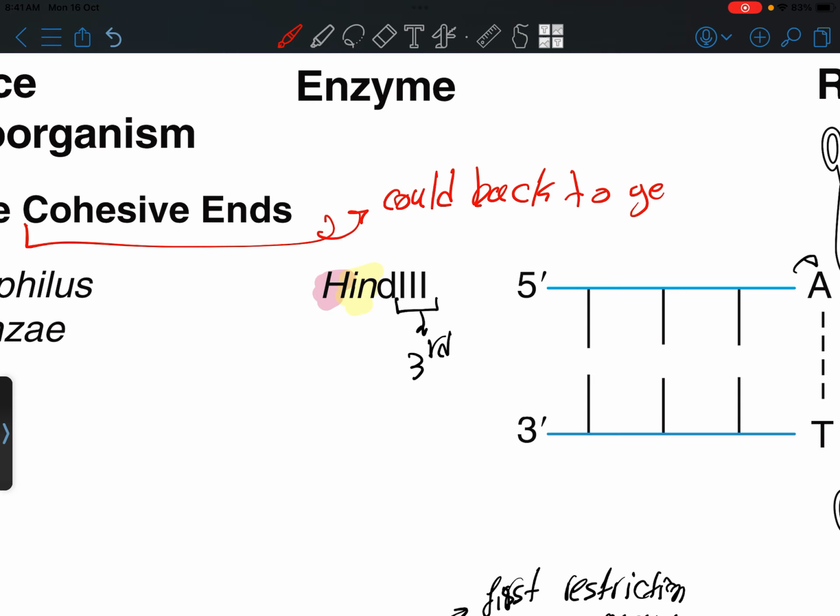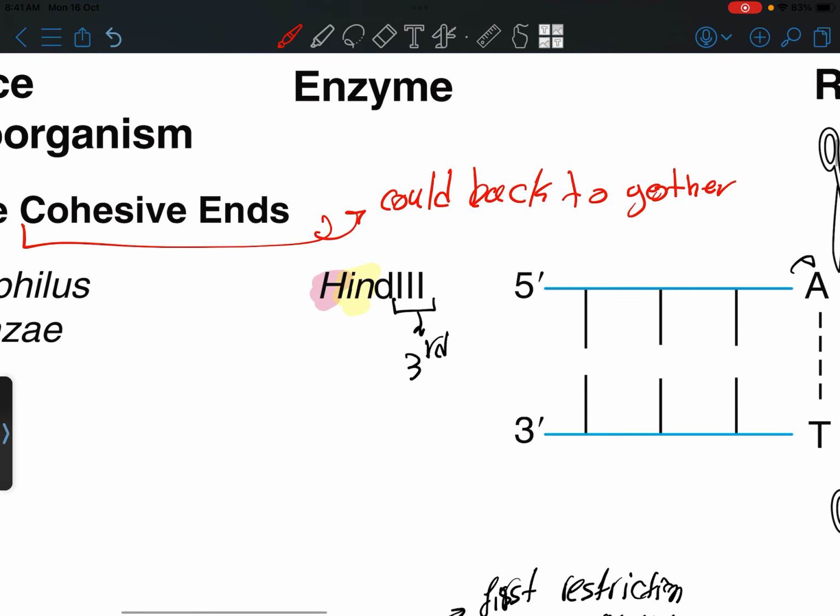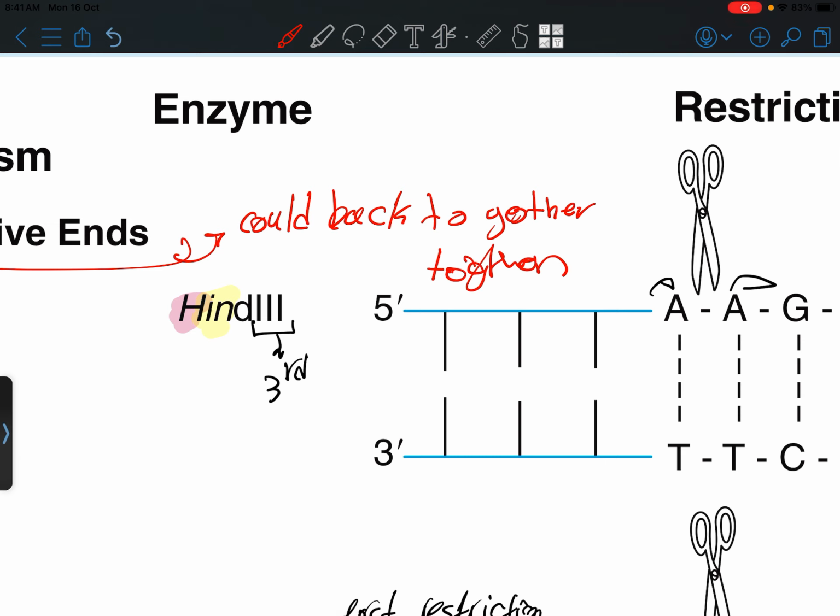So the idea here, when you have this double-stranded DNA fragment that contains this restriction site, if you add the EcoRI enzyme, it will cut this one piece of DNA into two pieces or two fragments.